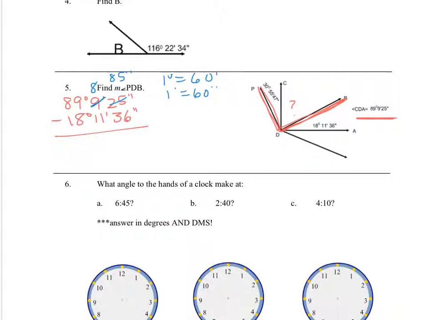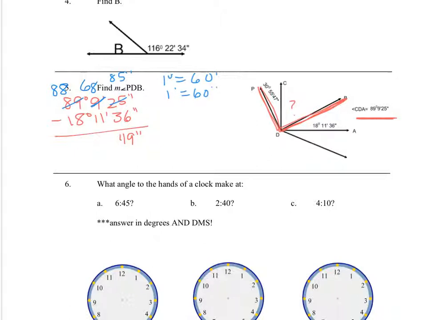And now we can do 85 minus 36, which is 49 seconds. And again, see here, we can't take 11 minutes from 8 minutes. So we're going to have to borrow from our degrees. We'll borrow 1 degree. And when we borrow 1 degree, that means we get to add 60 minutes, and 8 plus 60 is 68.